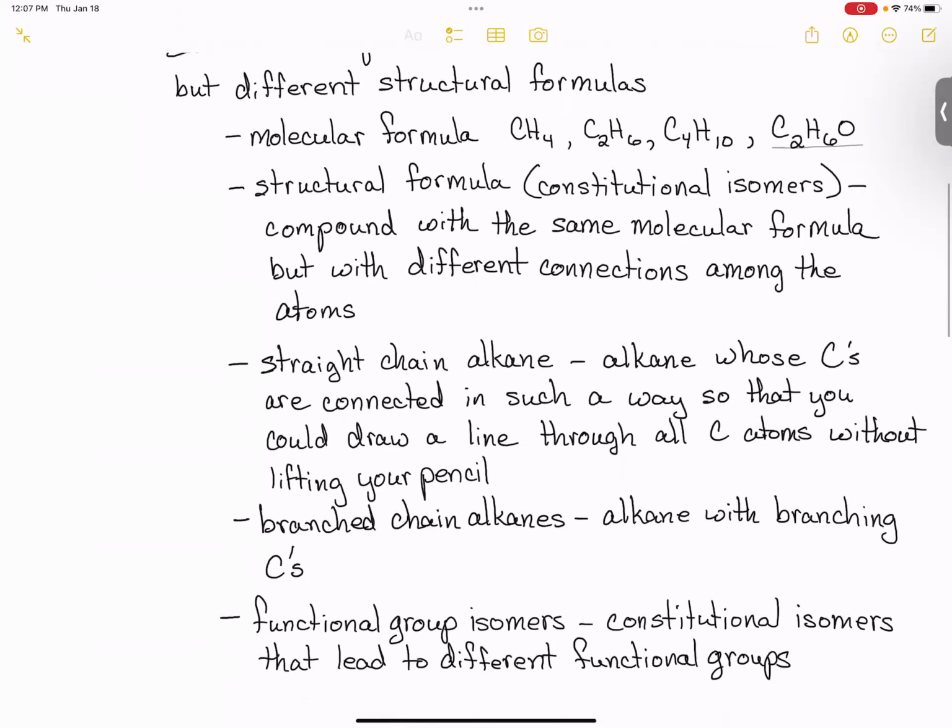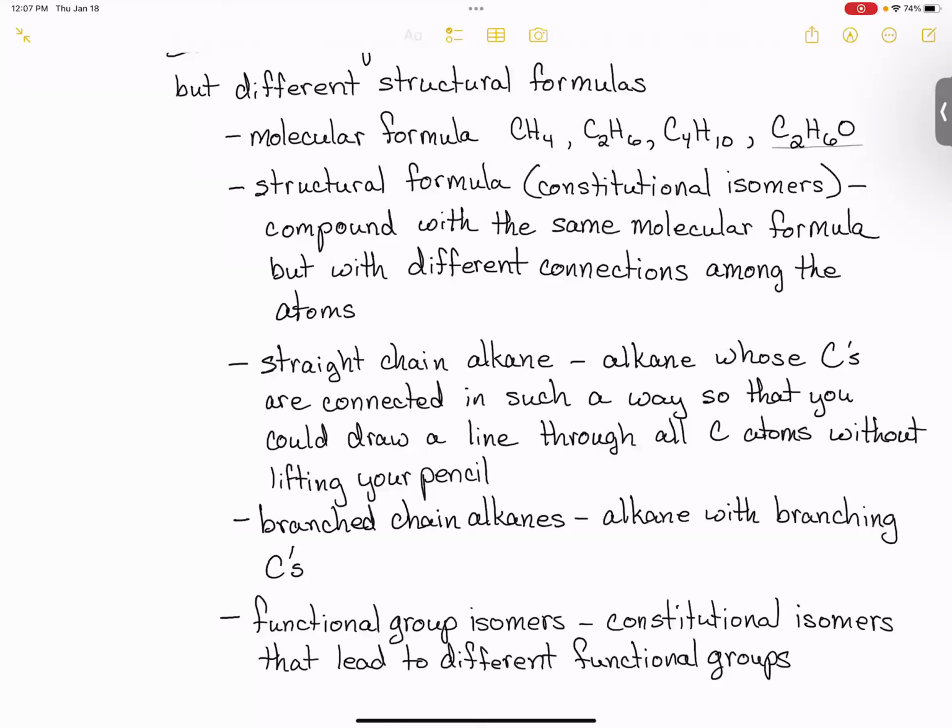Now, with respect to your isomers, we've talked about isomers of an alkane, where you can have straight chain alkanes and branched chain alkanes. But we can also have isomers that involve functional groups. So for example, that C2H6O molecular formula that I mentioned previously can be arranged in 2 different ways.